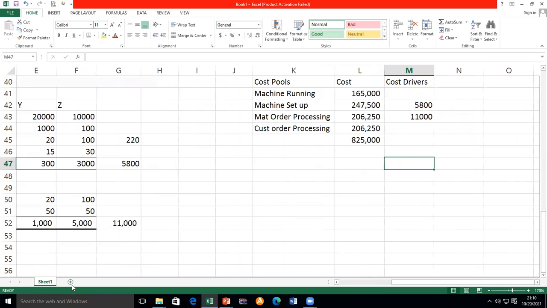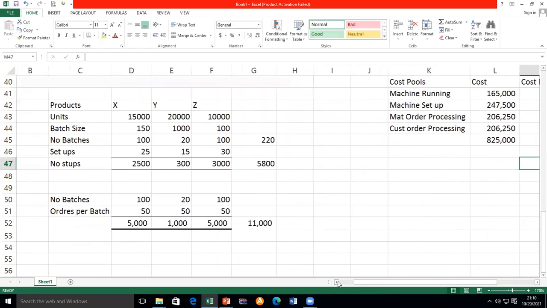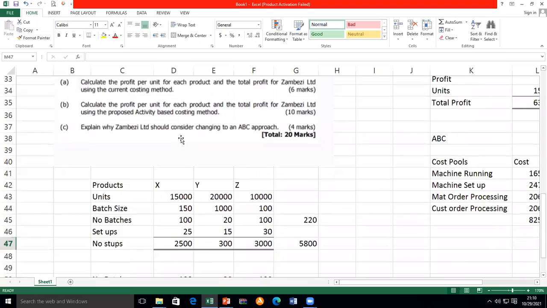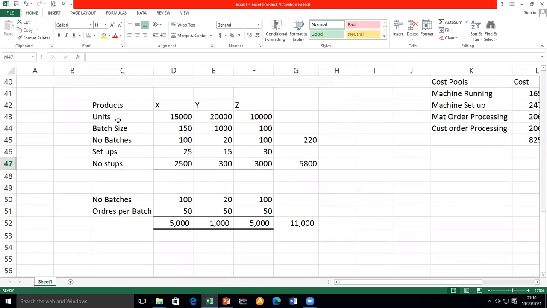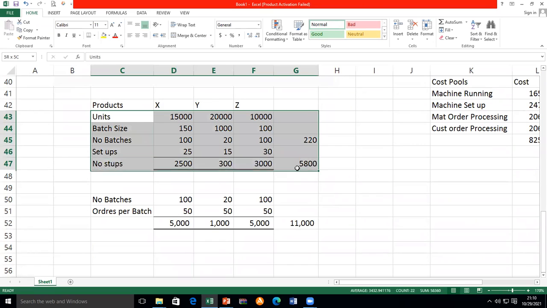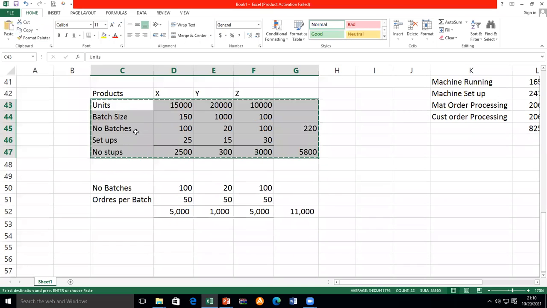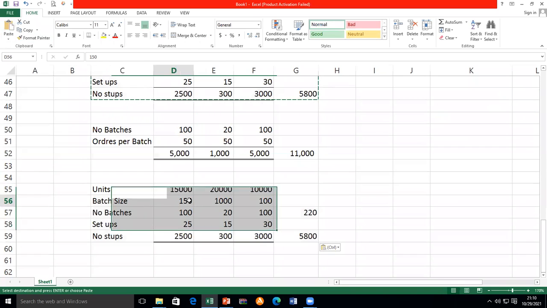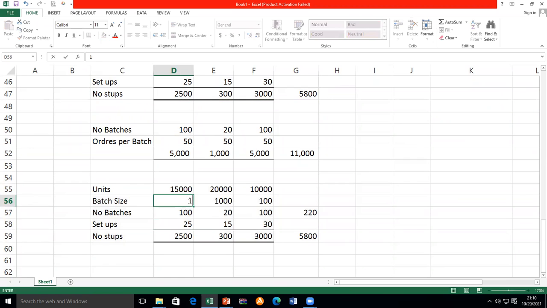Okay. What of customer orders? Here we are. Customer order batch size. So the customers in each batch, there are 100 items. These are units. Customers are ordering in hundreds.